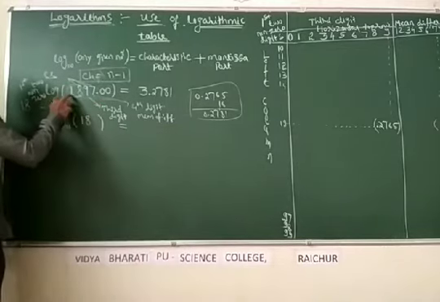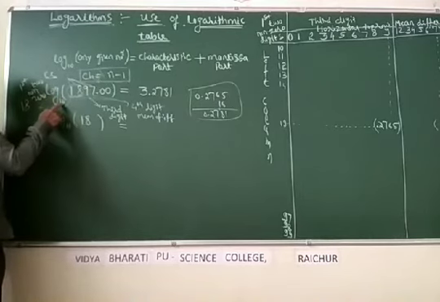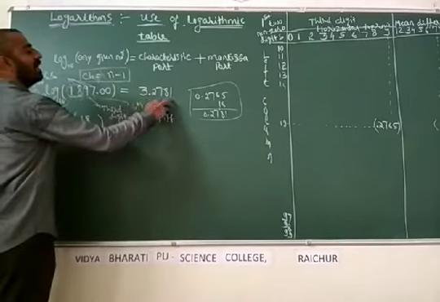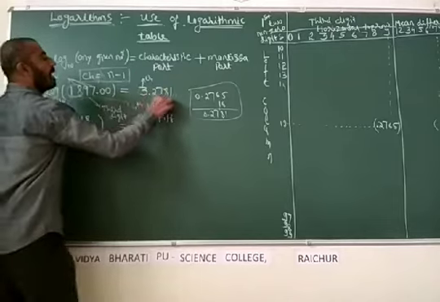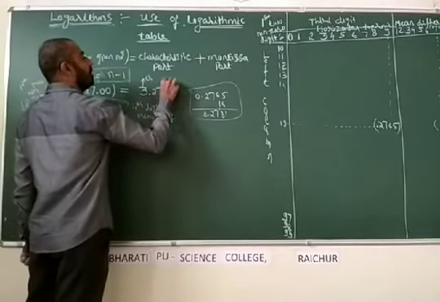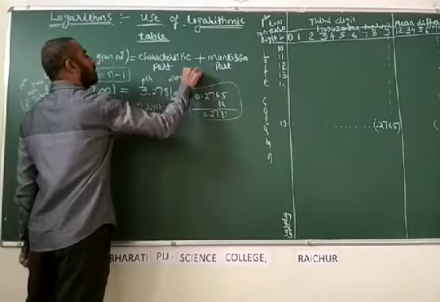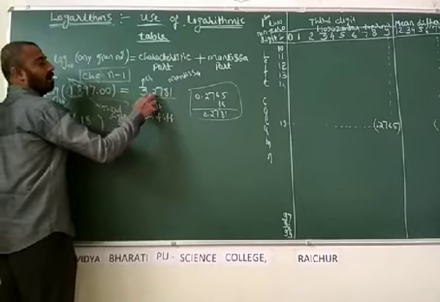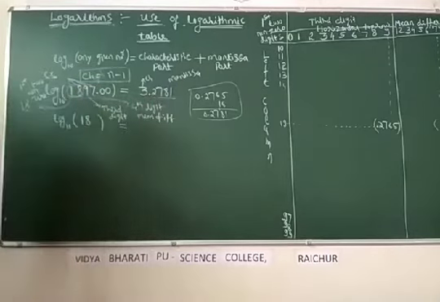Okay, now the logarithmic value of 1897 to the base 10 is equal to 3.2781. Here 3 is the characteristic, and 0.2781 is the Mantissa. Or you can understand this as 3 being the integral part and 0.2781 the decimal part.